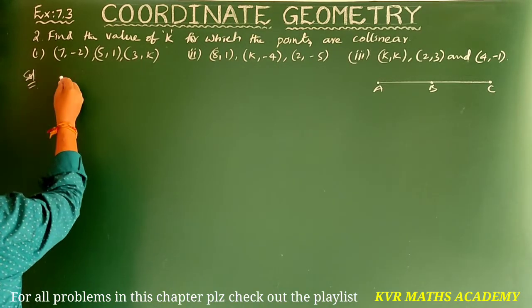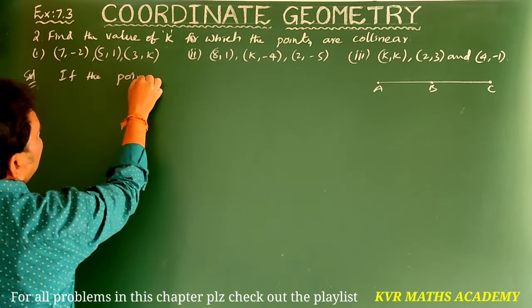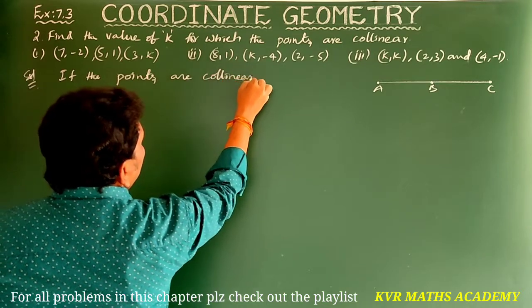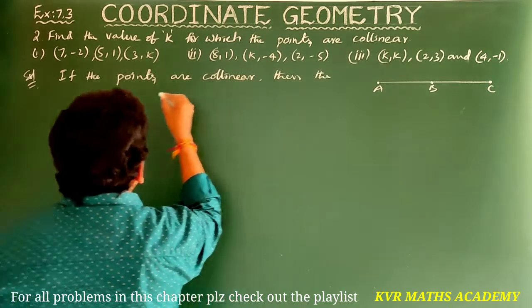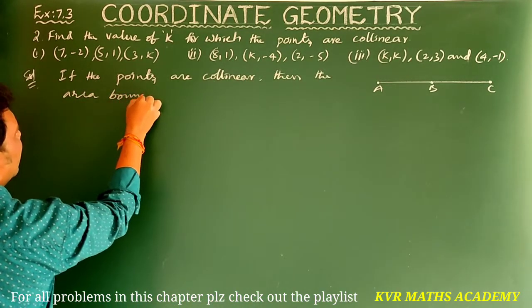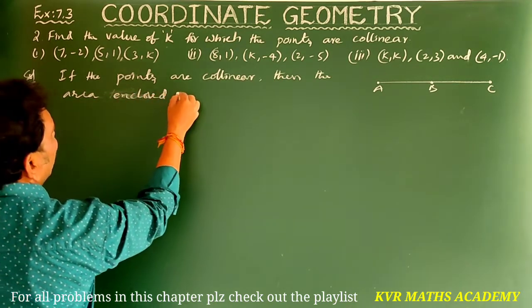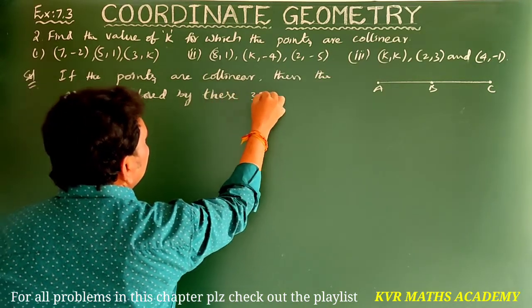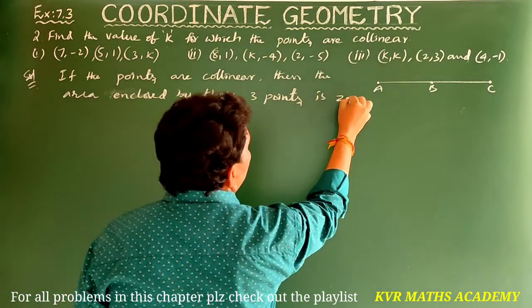Solution. If the points are collinear, then the area enclosed by these 3 points is 0, right?